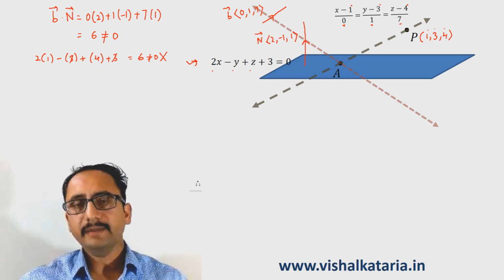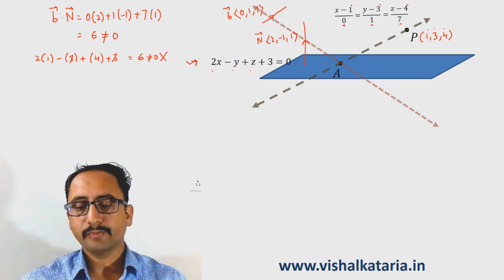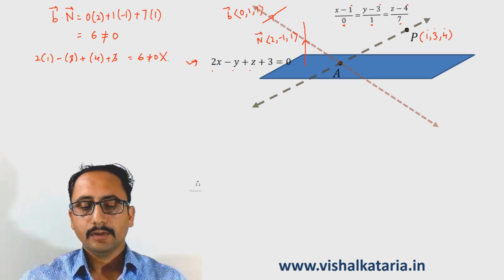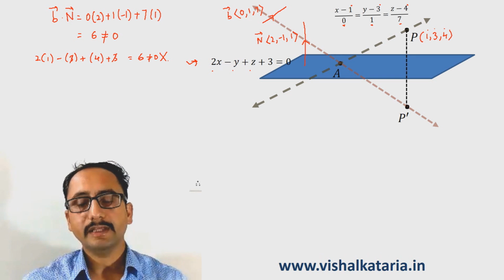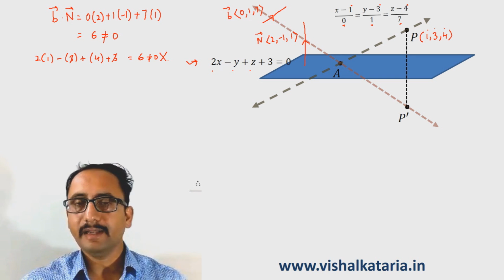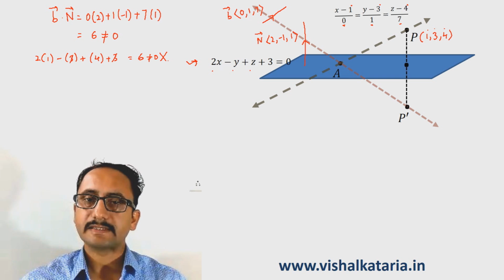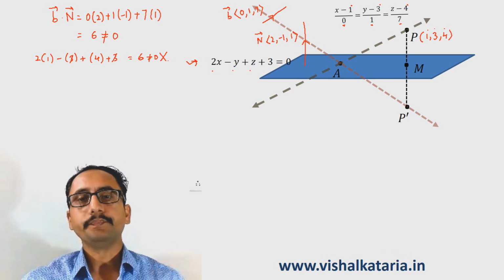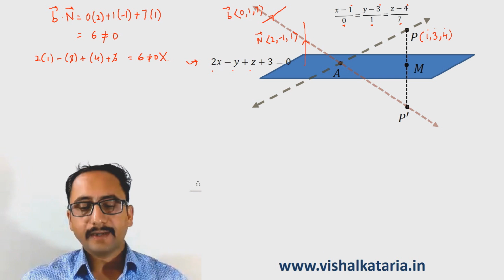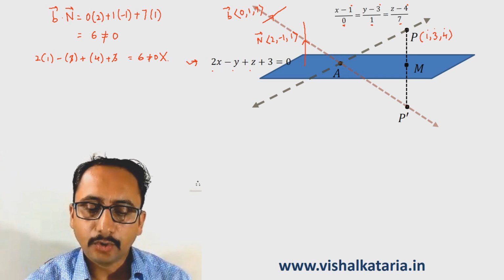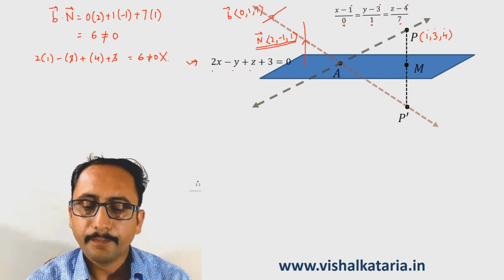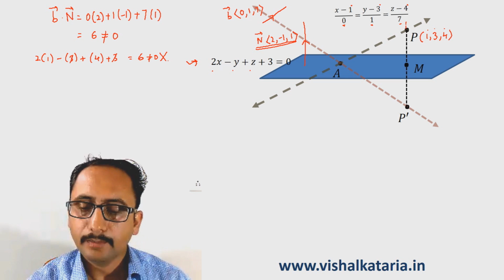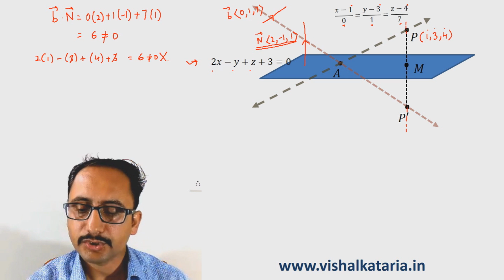In order to find the image of the line, I have to find the image of point P, which is P dash, and which lies on the image of the line. Before finding P dash, I will find M, as we discussed in the previous videos also. For this, I will be using the normal vector, which is parallel to the line passing through PP dash.